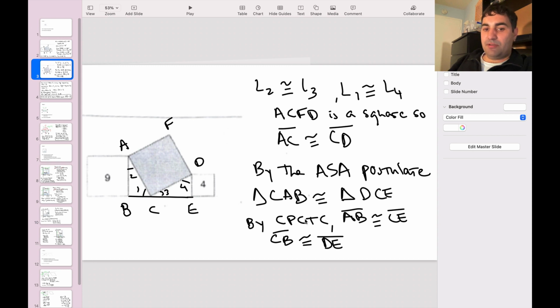So by corresponding parts of congruent triangles, AB is congruent to CE, and CB is congruent to DE. Well, AB measures 3, right? Because the area of this left square is 9, and the area of this right square is 4, so DE equals 2.